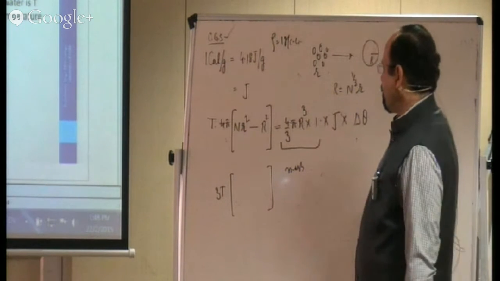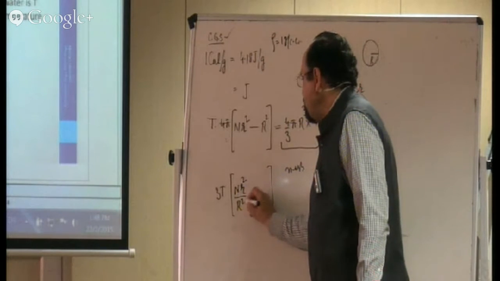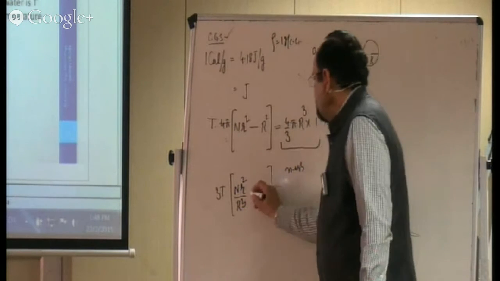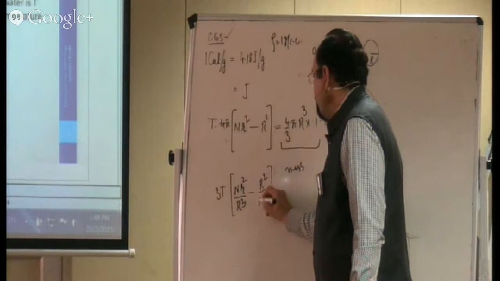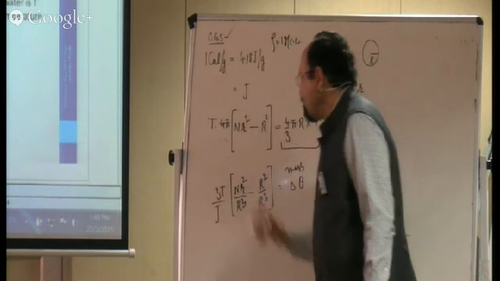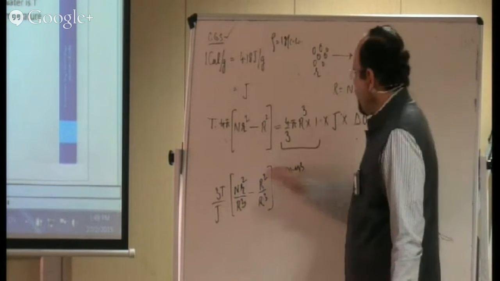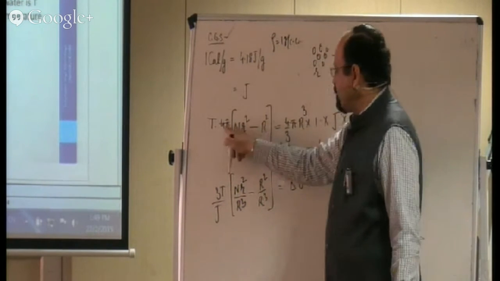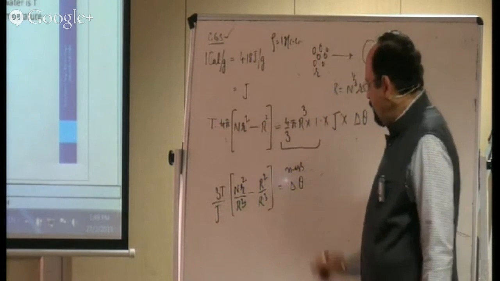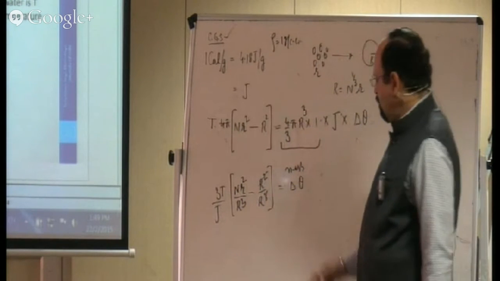Let's verify it. N r square divided by capital R cube, sorry, minus R square divided by R cube. That is going to be the change in temperature divided by J. Check this. The change in temperature, I'm taking everything on that side. 4 pi already is removed. 3 will go here, 3T by J. There's no problem, at least for this part. 1 by capital R is there in the option, but not here.